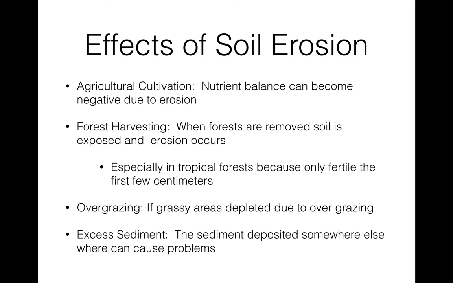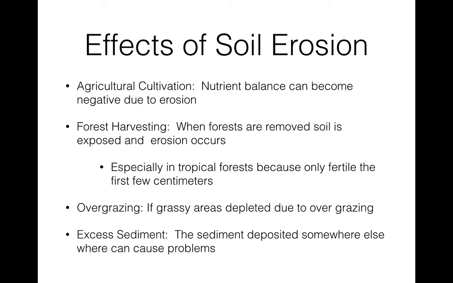So what are the effects of soil erosion? First, we have a very big agricultural cultivation effect. The nutrient balance can become negative due to erosion. Things can be wiped away that are needed for plants to grow. And we can have fertilizer that we may add that also gets washed away and ends up somewhere else, causing an imbalance there.